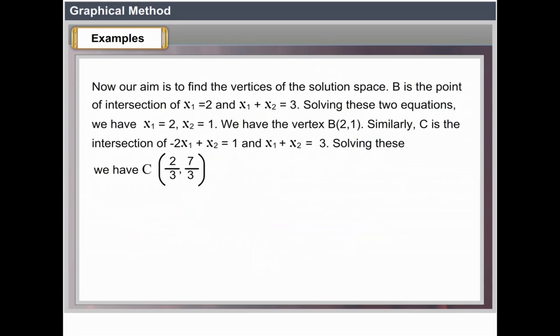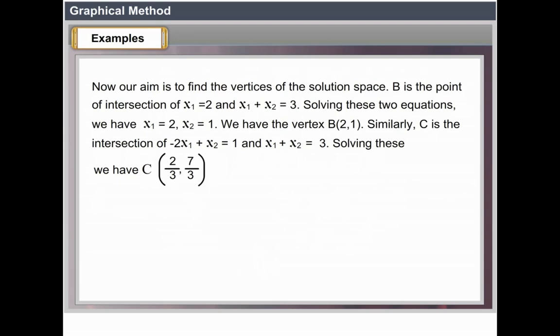Now, our aim is to find the vertices of the solution space. B is the point of intersection of x1 equal to 2 and x1 plus x2 equal to 3. Solving these two equations, we have x1 equal to 2, x2 equal to 1. We have the vertex B (2, 1). Similarly, C is the intersection of minus 2x1 plus x2 equal to 1 and x1 plus x2 equal to 3.